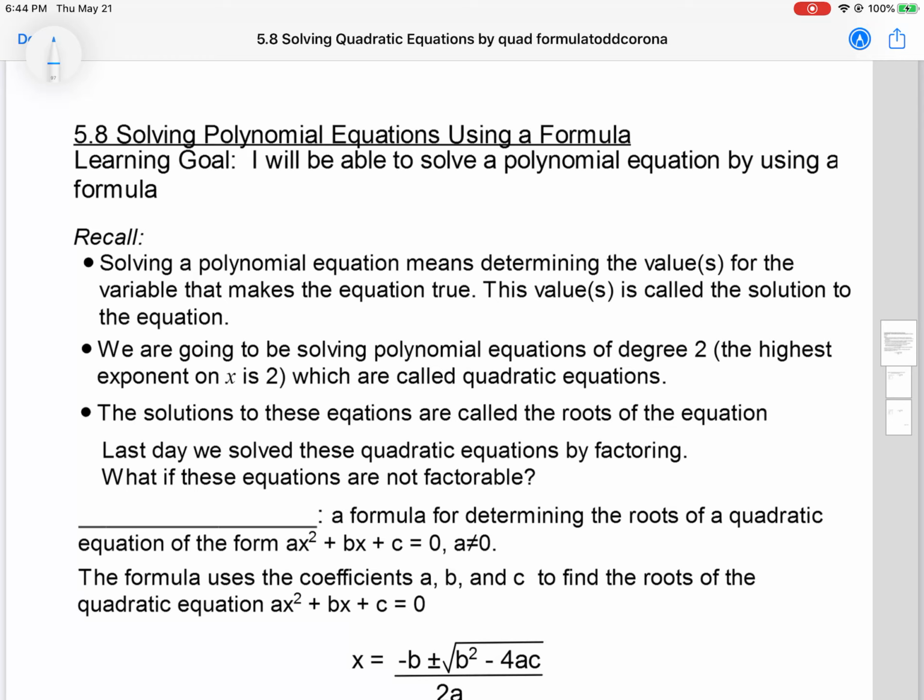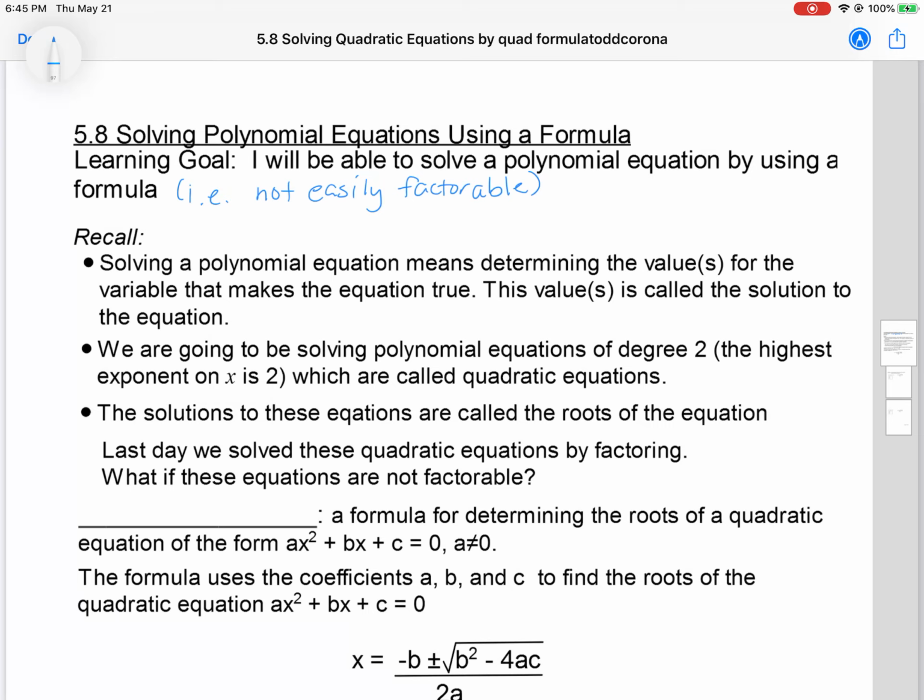Okay, so today we're going to focus on polynomials that you need to use a formula to solve. This means they are not easily factorable using any of the tricks that we have learned in this unit.